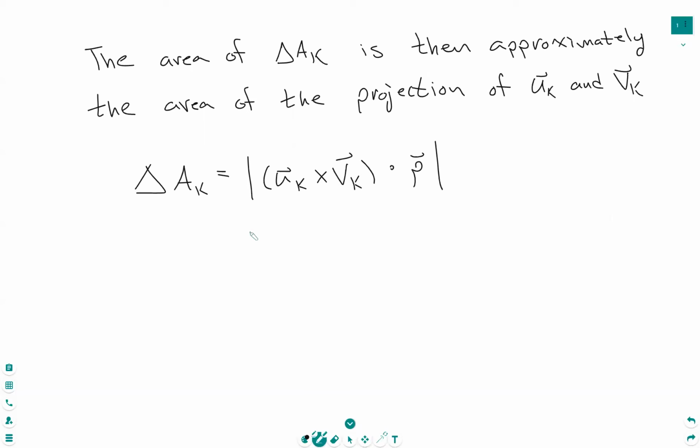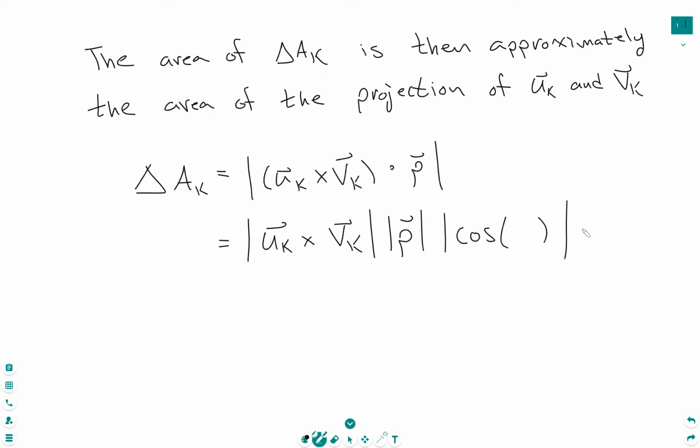So what we could do is instead write this using cross product rules. I'm going to fill in that angle in a second here.